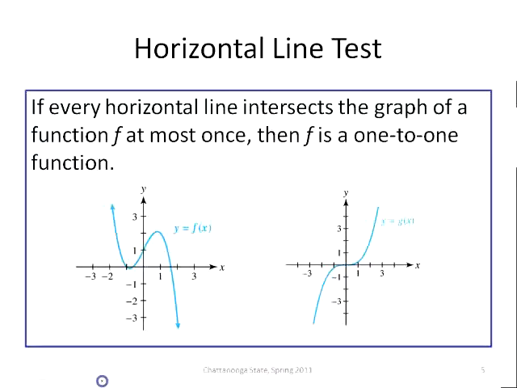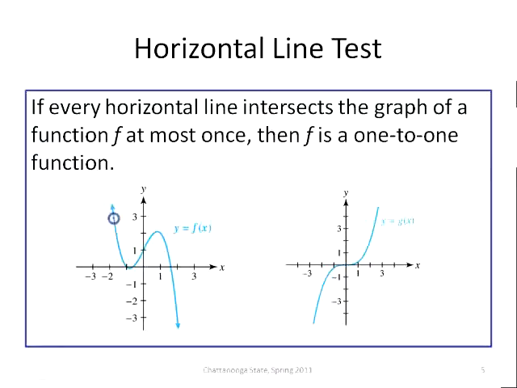And what I just mentioned about the horizontal line leads us to what we call a horizontal line test. Remember that to determine if a graph is a function, we use a vertical line test. But to determine if a function is one-to-one, we use a horizontal line test.